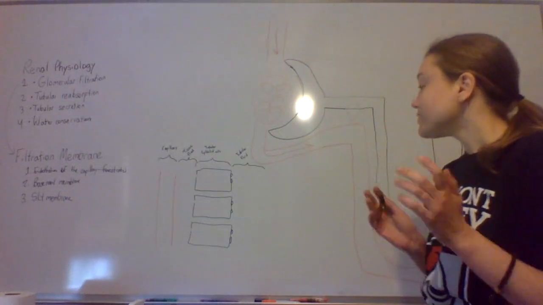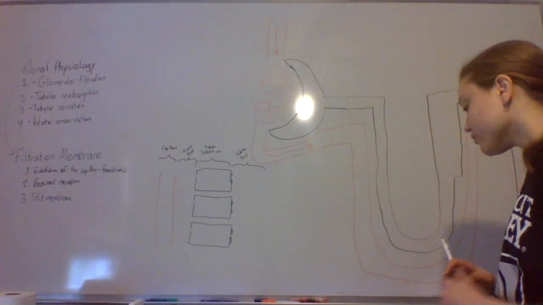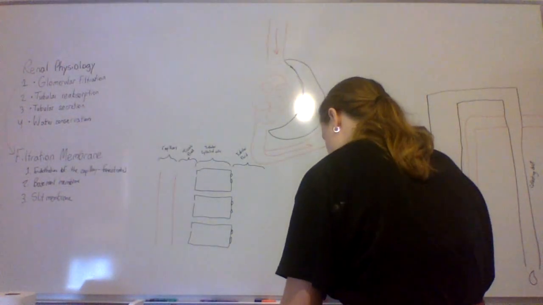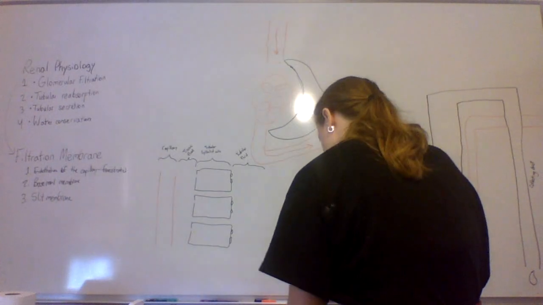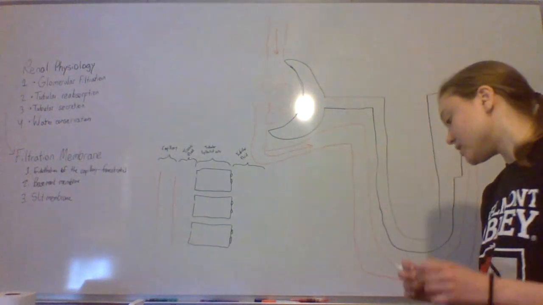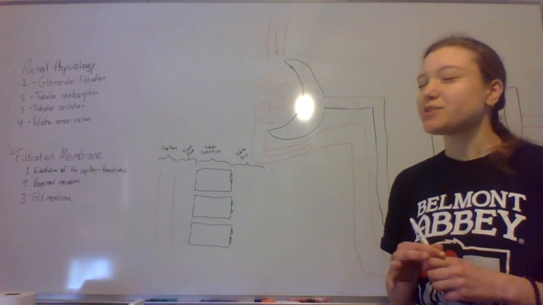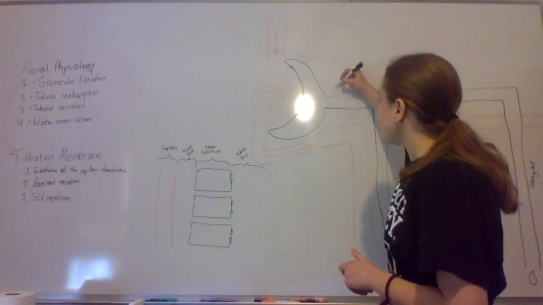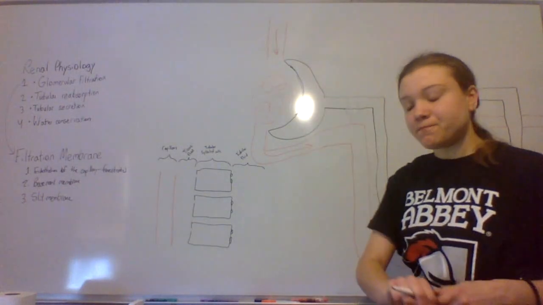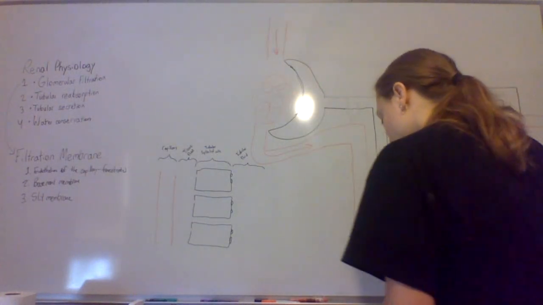Alrighty, so the second step, tubular reabsorption. Now, tubular reabsorption is the movement of certain components of the filtrate, I believe it's 99%, back from the filtrate into the blood. Now, what gets reabsorbed?